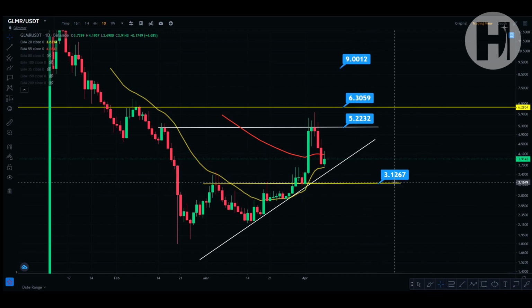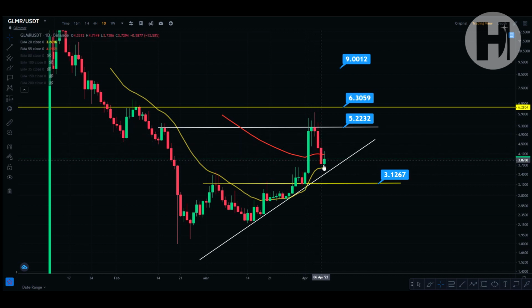So $3.12 is something you want to be looking at, because you do have this touch of resistance over here at the beginning of March. Then you have a move all the way down to the support of the ascending triangle. And once again, you break through this yellow trend line, you backtest that as support, and then you ran into this resistance of the ascending triangle.